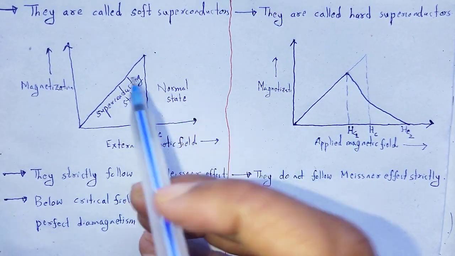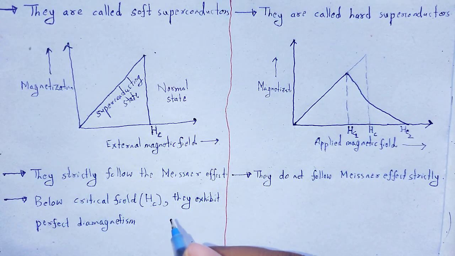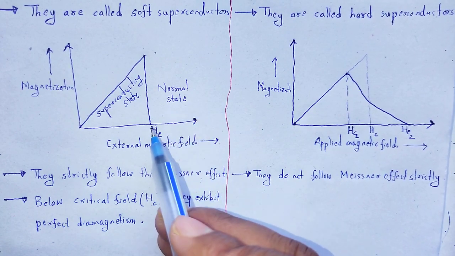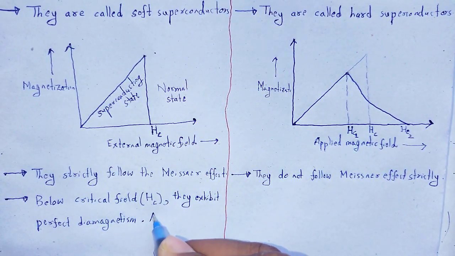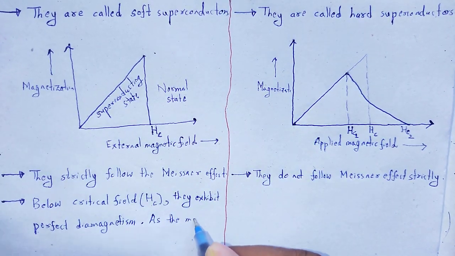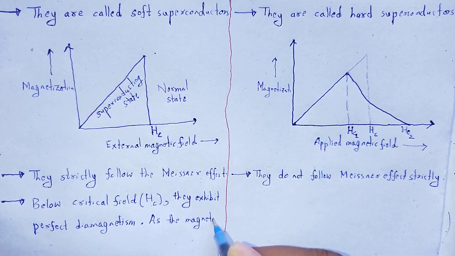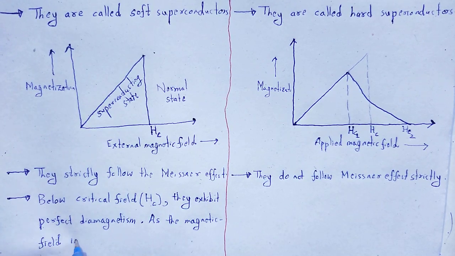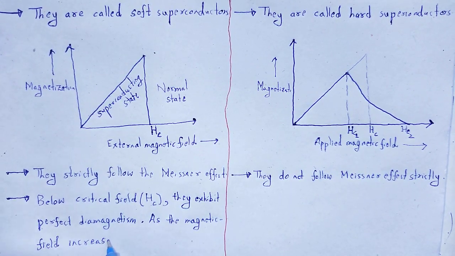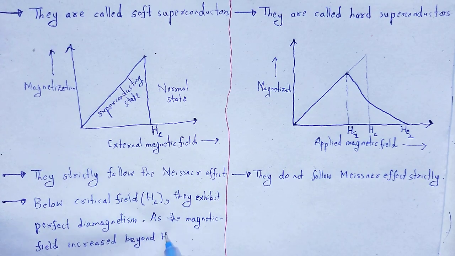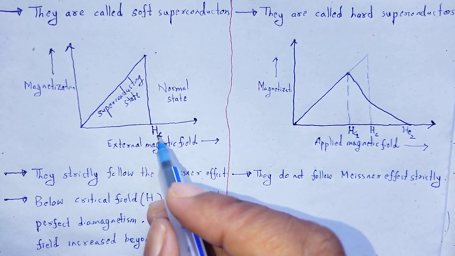As the magnetic field is increased beyond Hc, then what happened?